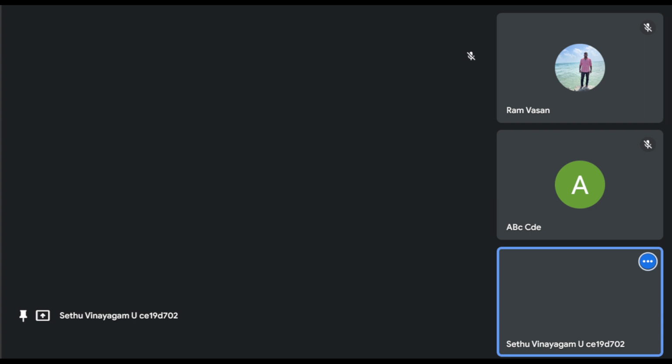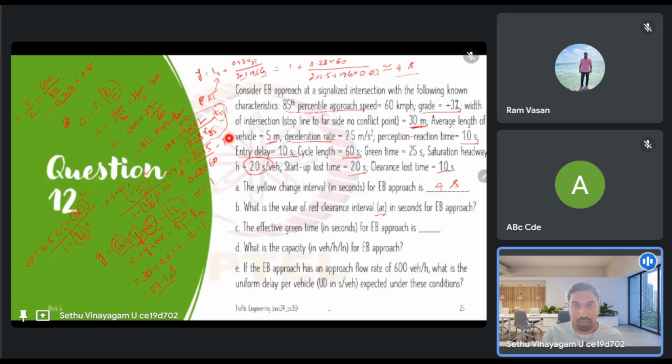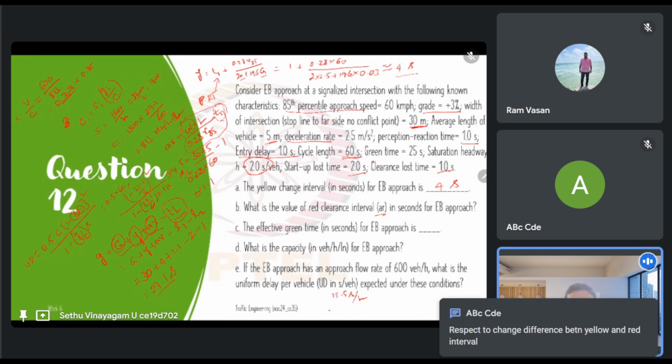So 0.5 times cycle length 60, times 1 minus g by c, which is 27.1 by 60, squared, and in the denominator 1 minus g by c, 27.1 by 60, multiplied with x, again x is v by c, which is 0.738. This comes out to approximately 13.5 seconds per vehicle. So every vehicle experiences 13.5 seconds. That is the uniform delay.